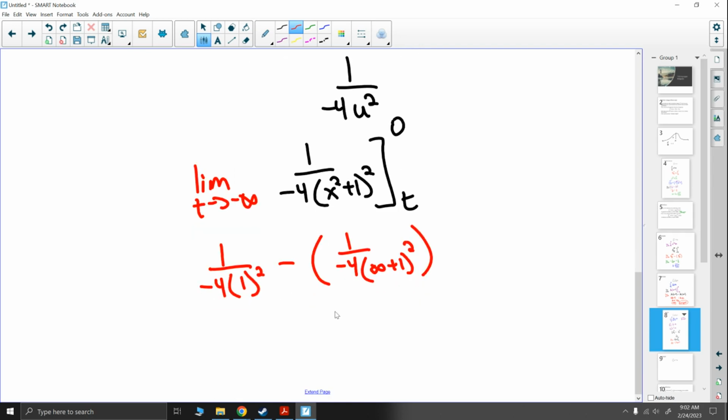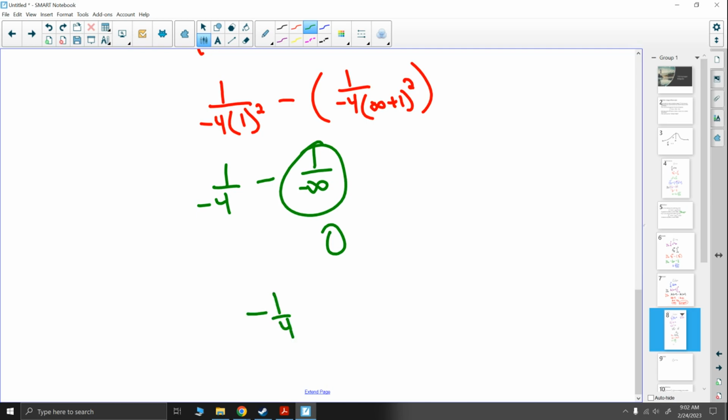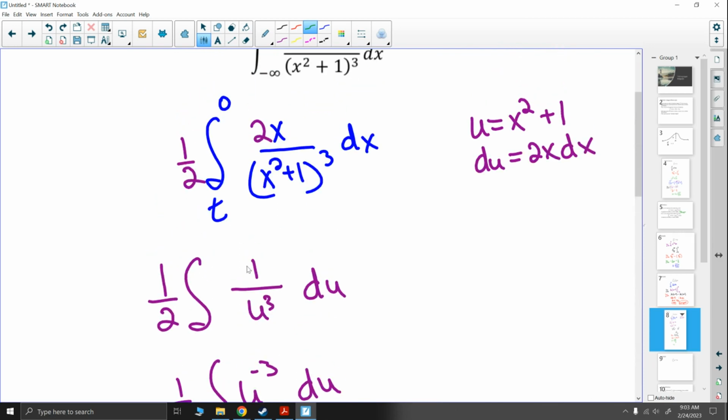So that is to say, we end up with 1 over negative 4 minus 1 over infinity. Technically, it's negative infinity there. Negative and negative makes it positive, but it doesn't really matter because this right here is 0. So it's negative 1/4.